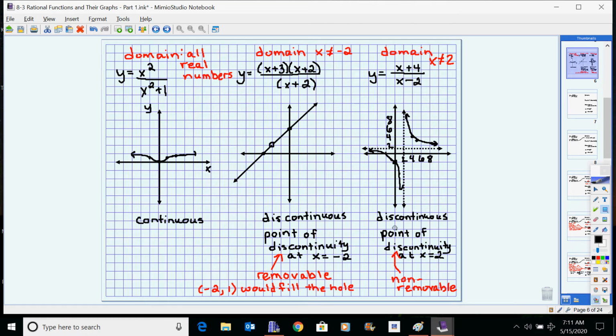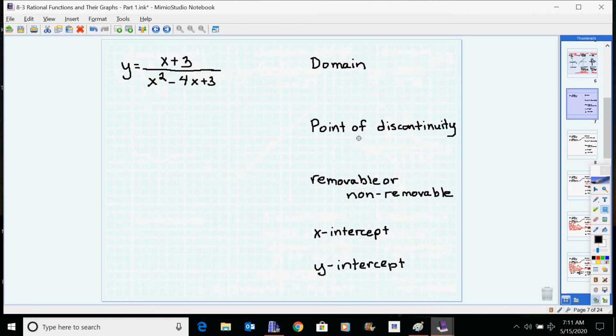So we know the asymptotes are the invisible lines. If there's a hole in the graph, that's a removable point of discontinuity. And we also have a continuous case that might happen. So we need to be able to analyze these things. These are the things that you would be responsible for being able to find if you have a rational function. And we're going to go through one after the other how you find them.